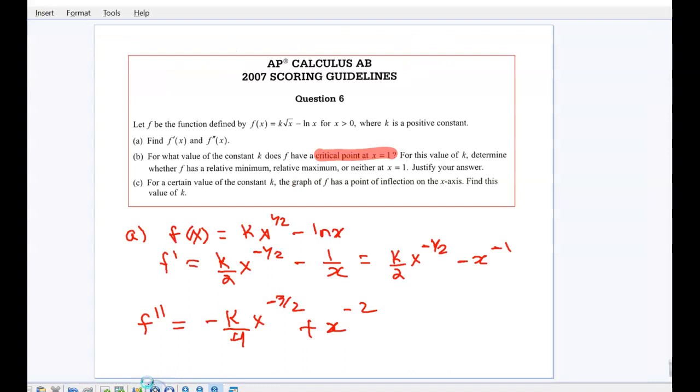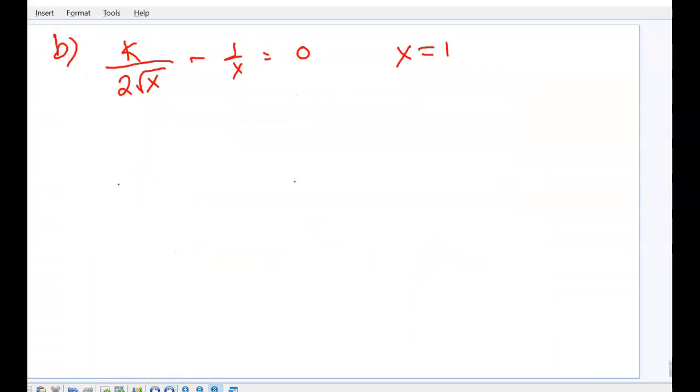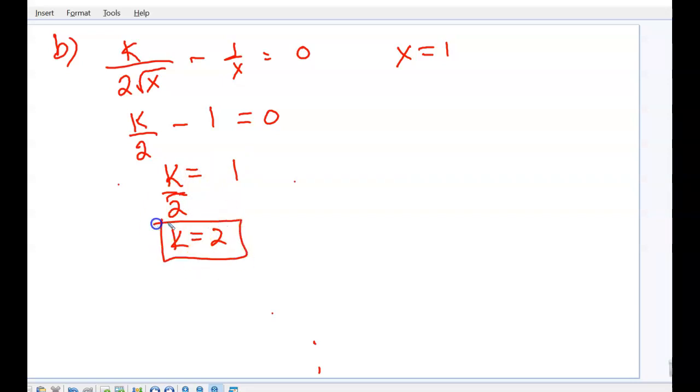And why is that again? Because it says it has a critical point when x is 1. So if I put a 1 in for x, I'm going to get k over 2 minus 1 is 0. And if I add the 1 over to the other side times by 2, k is going to be 2.